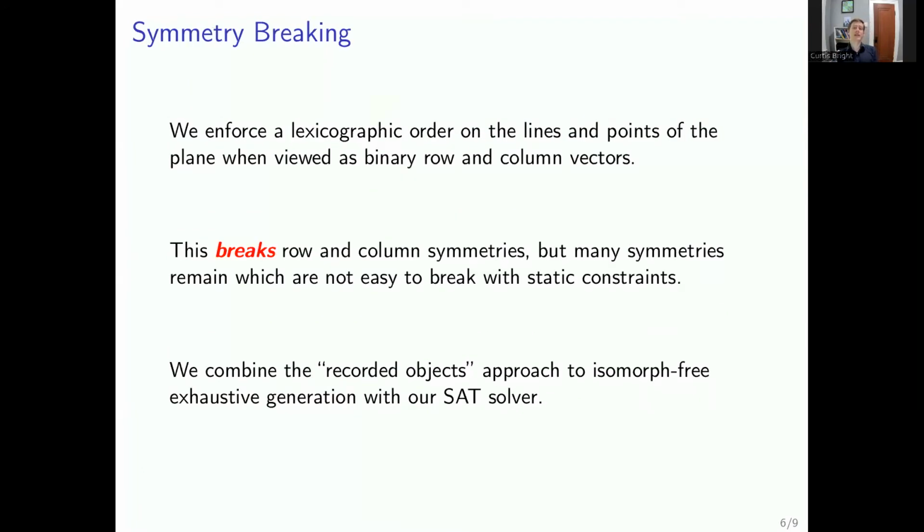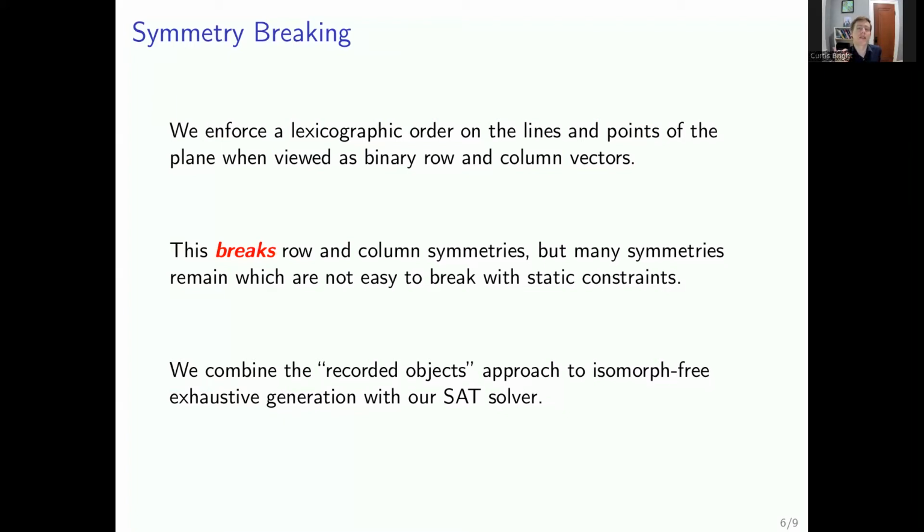Now, the problem is the search space is just too enormous, and it's very highly symmetric. In particular, we can permute any of the lines or any of the points freely because the axioms do not specify any distinguished points or lines. So if we consider points and lines as binary row and column vectors, we can enforce a specific ordering on the points and lines.